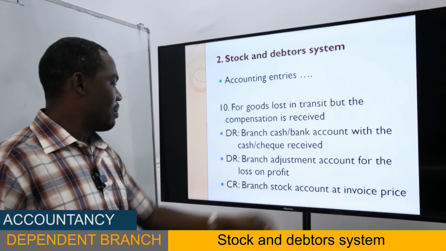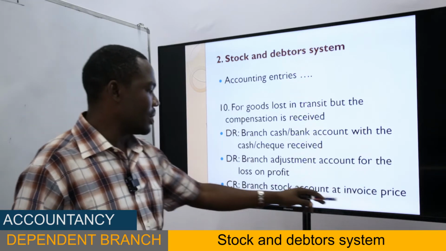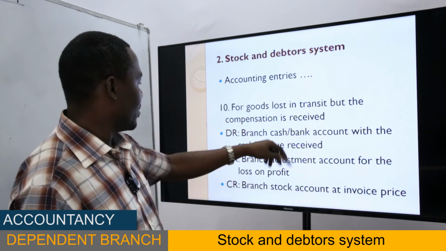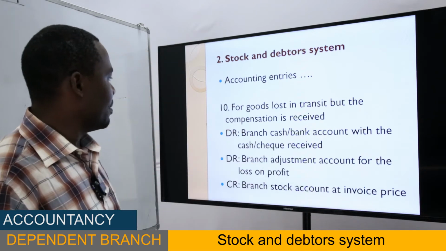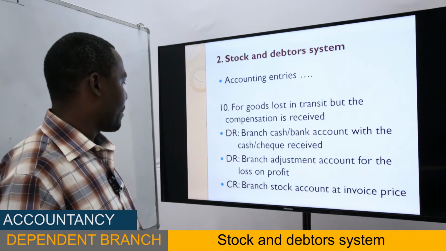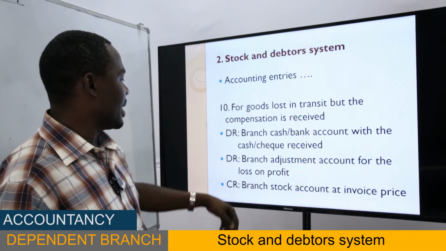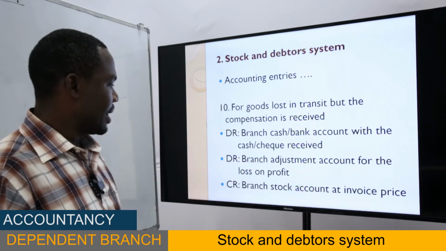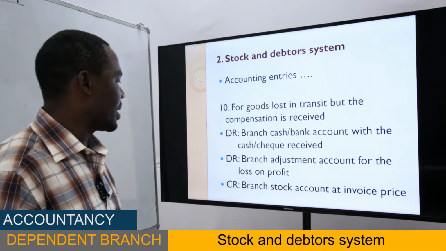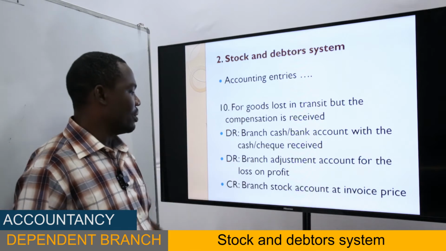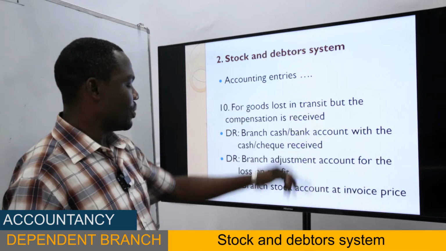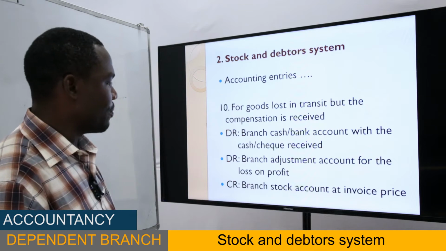Automatically, the double entry will be to the branch stock account for the invoice value of the goods lost. So we debit the amount compensated, and we debit again the difference between compensation and the actual loss. The difference will be to branch adjustment, and this will be reducing our profit.